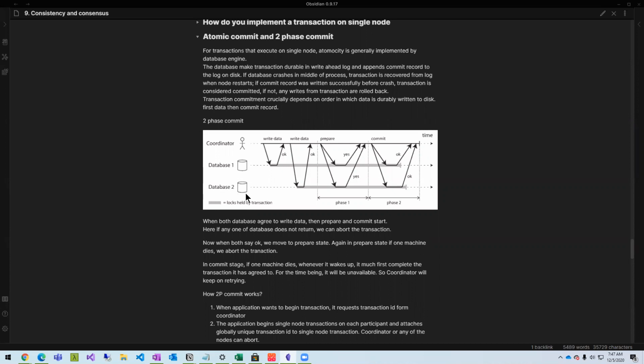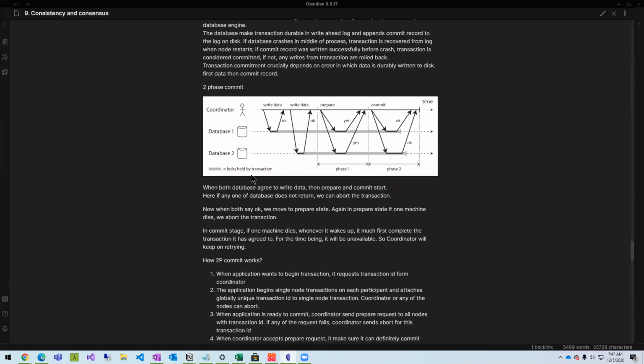So how this works is, the application first writes the data to both of these databases, right? It will only write the data, it will not commit the data. And the commit stage, when we actually commit the data, is split into two steps. One is the prepare step, another is the commit step, right?